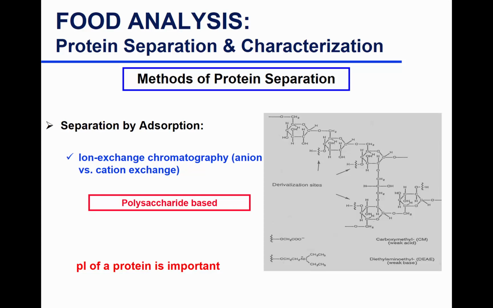Sophia? Negative. That is true. Above the pI, the protein donates protons to the base because you have high pH, you have more OH minuses, then your protein is donating protons. Then it becomes a net negative charge.